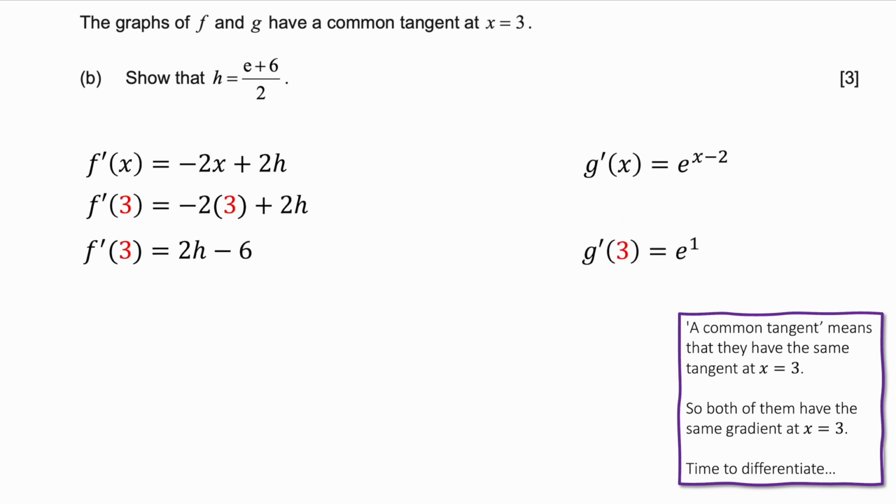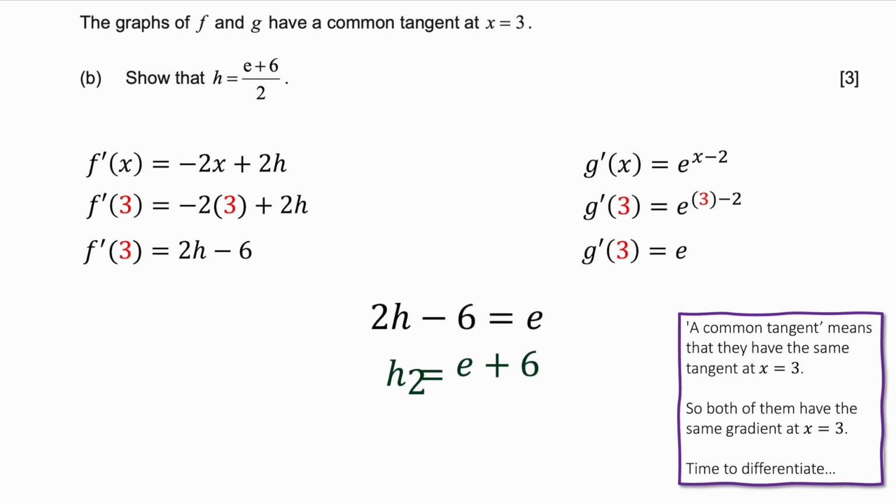And we get e to the power 1, which is just e. So these two things must be the same because they've got a common tangent, so they've got the same gradient at x equals 3. Make them equal to each other, rearrange, and divide by 2. And we've shown that (e plus 6) divided by 2 is h as required. Perfect.